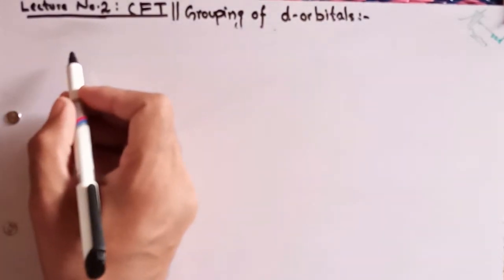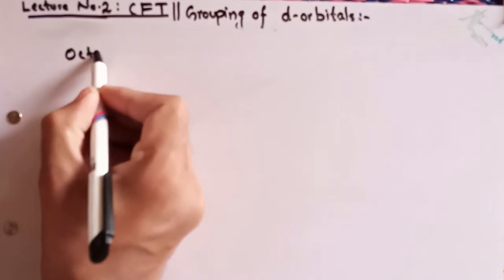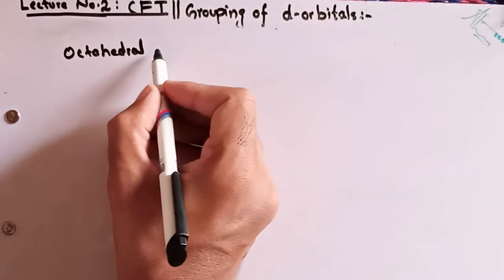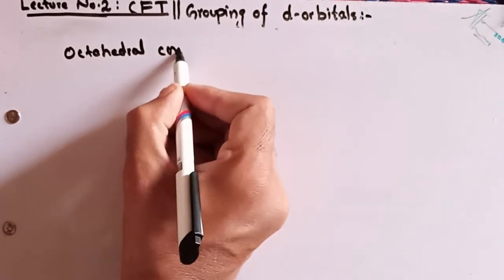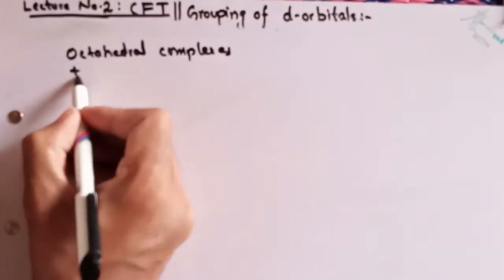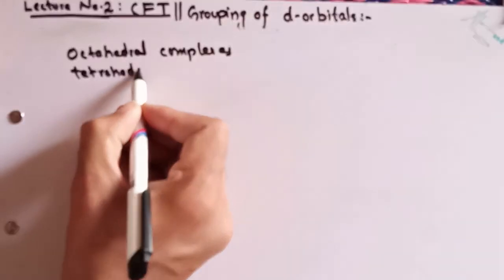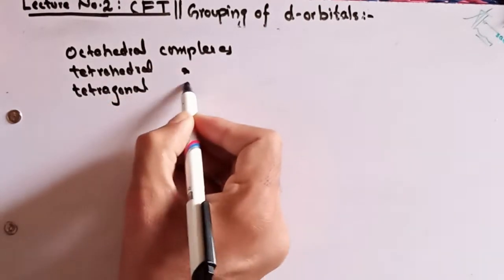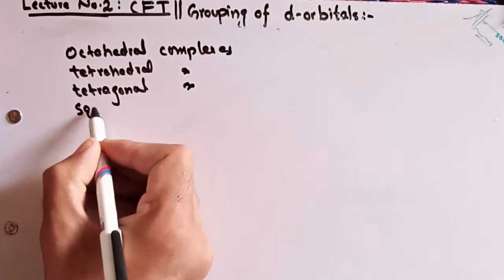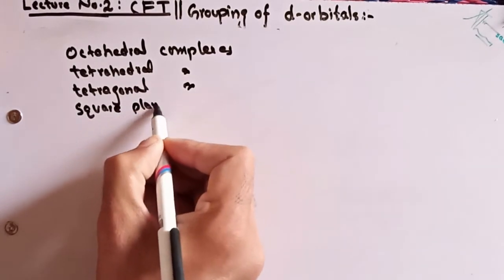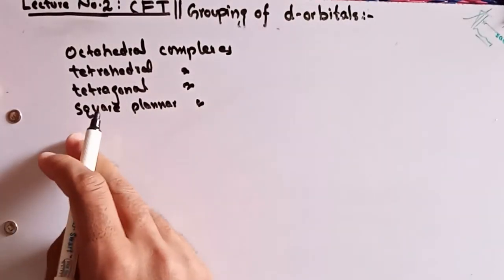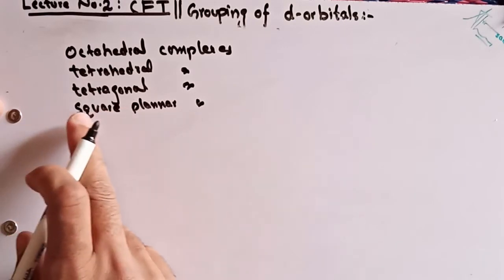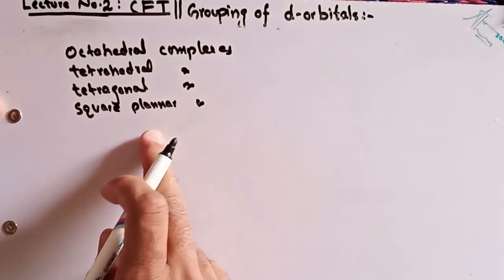When we discuss different compounds like octahedral complexes, tetrahedral complexes, tetragonal complexes and square planar complexes, we will discuss these in the next videos in detail, how crystal field theory is involved in each of them.